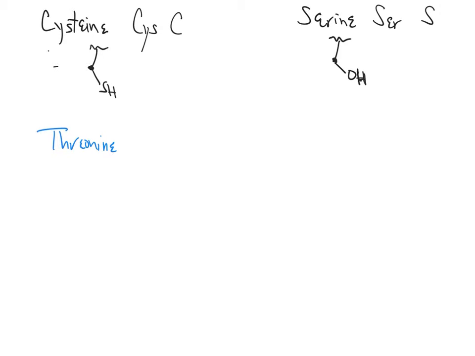What's the three-letter code for threonine? THR. What's its one-letter code? T. That's why tyrosine can't be a T. Tyrosine is a Y. It's got the linking carbon. It's got another carbon. But what makes threonine so special?